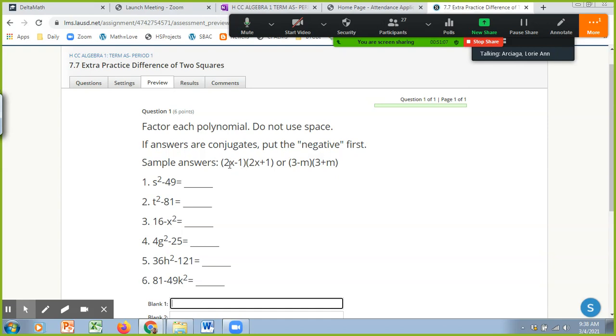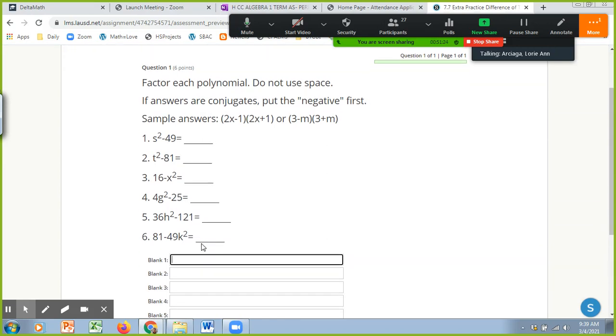For example, these are conjugates, they look exactly the same except for the signs in the middle. These ones can also be conjugates when the number comes first before the variable, but the one with the negative in the middle comes first. So that's how you're going to answer these. Okay, can you give them a try?